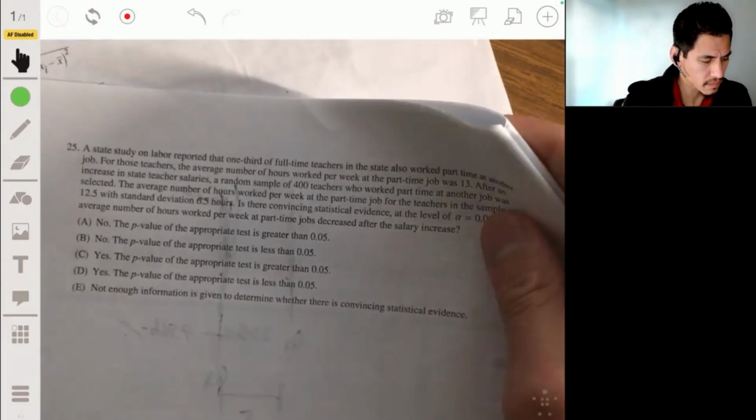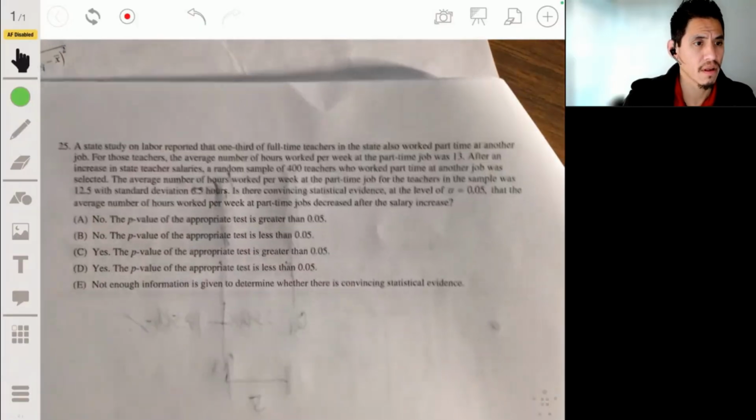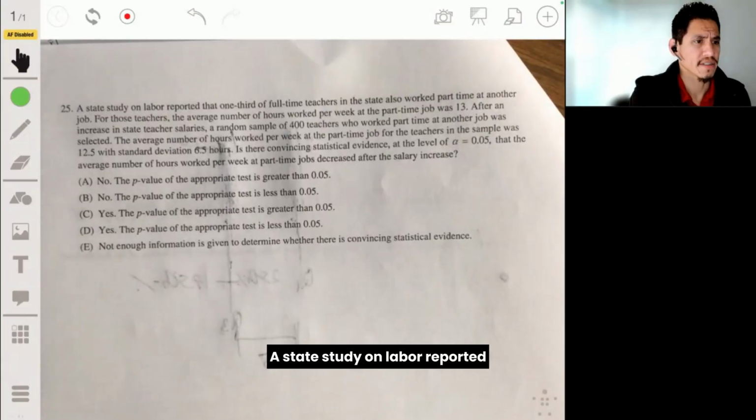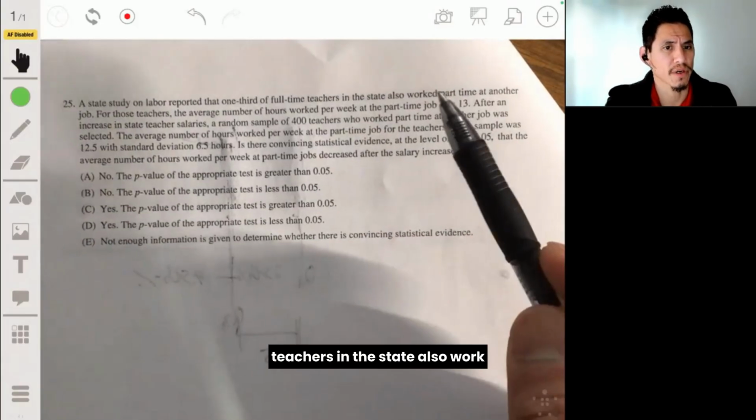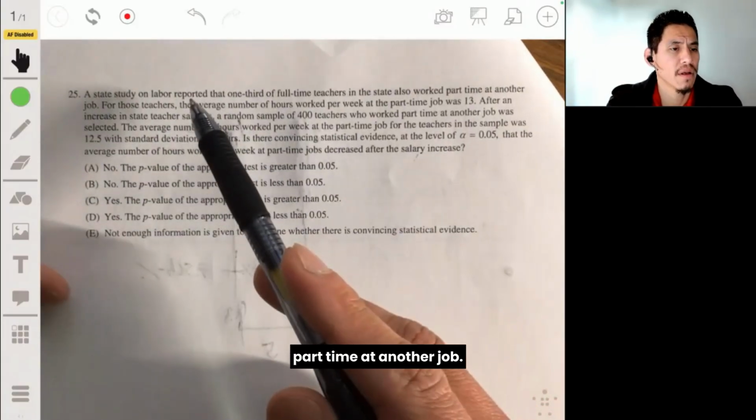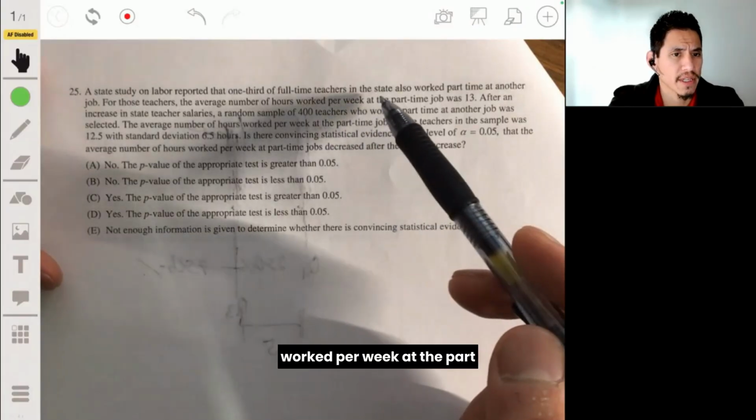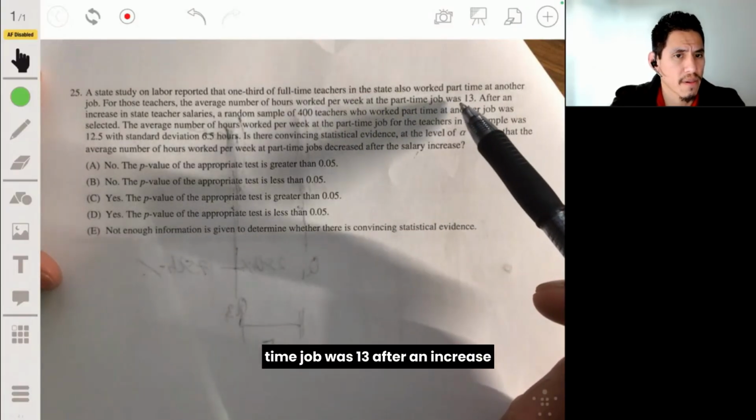Number 25. A state study on labor reported that 1/3 of full-time teachers in the state also work part-time at another job. The average number of hours worked per week at the part-time job was 13.